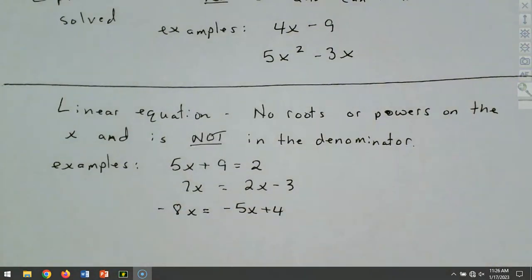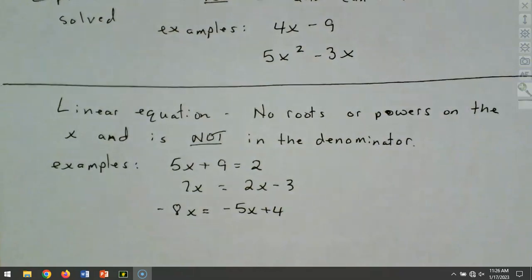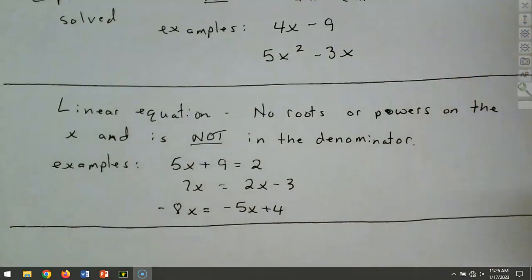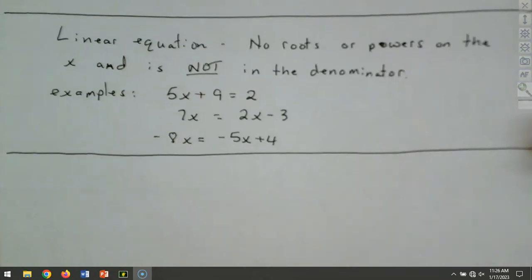These are all examples of linear equations. First off, do I have any x squareds or x cubed or any of that? No. Do I have any square roots with these? No. Is x in the denominator of a fraction? No. These are linear. When you graph them, they're a line. What about nonlinear? This is what we're going to be covering next week. This week, though, we're going to focus primarily on linear equations.